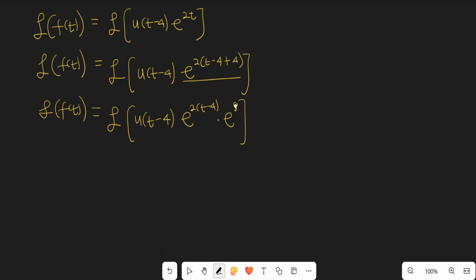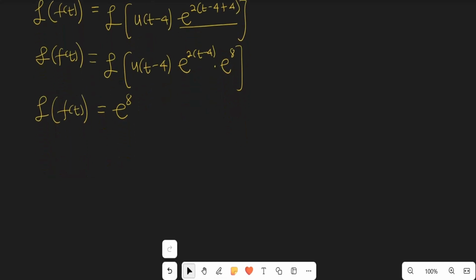So now this one is a constant. The Laplace transform of the function f of t is going to be, this one is a constant in the t world, so it is going to come out of the Laplace operator. And now we are going to have the Laplace of u of t minus 4, multiplied by e to the 2 times t minus 4, like this.